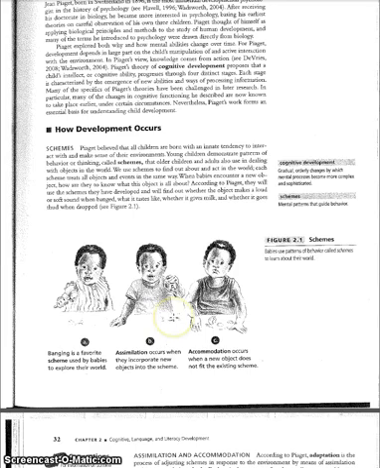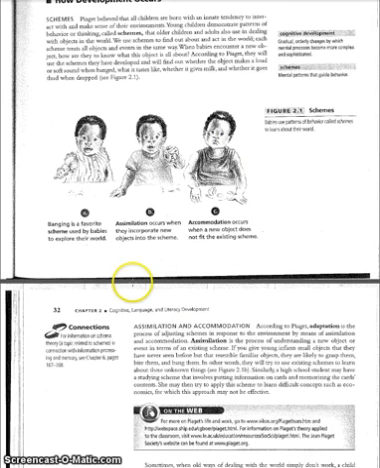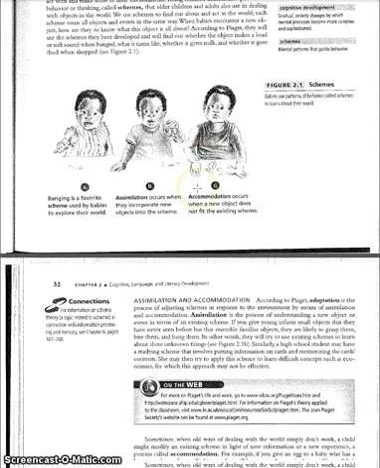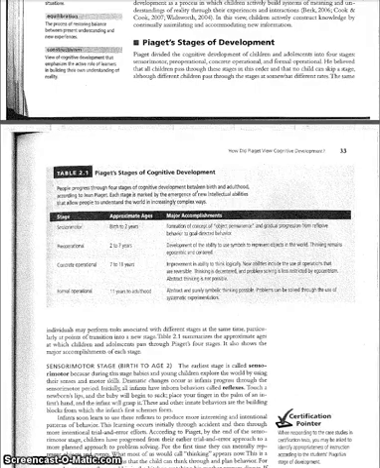You want to notice also anytime they stop to put illustrations, those are super important because they're taking the time to illustrate, to show you through pictures and diagrams the most important ideas in the chapter. So, for example, these stages of cognitive development for Piaget, you're going to need those.